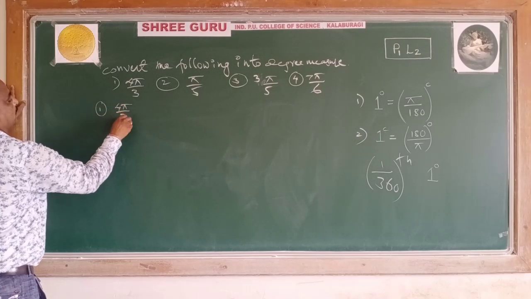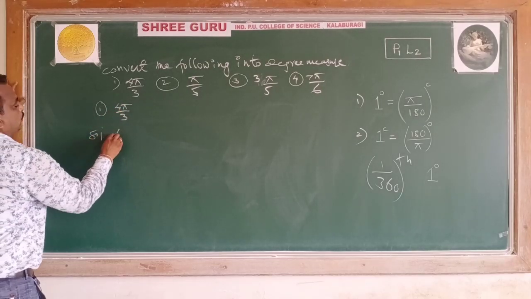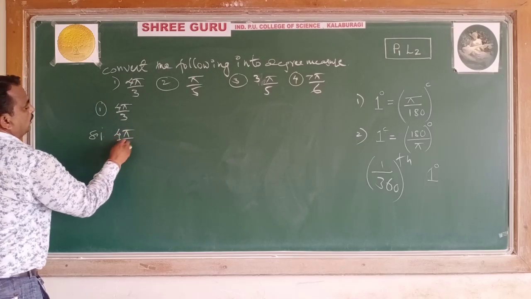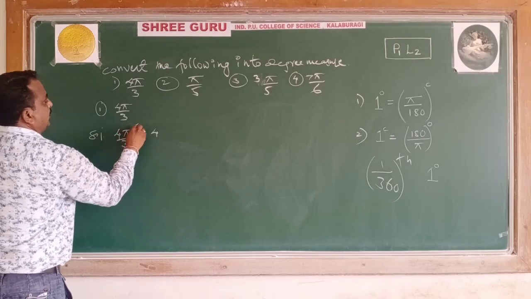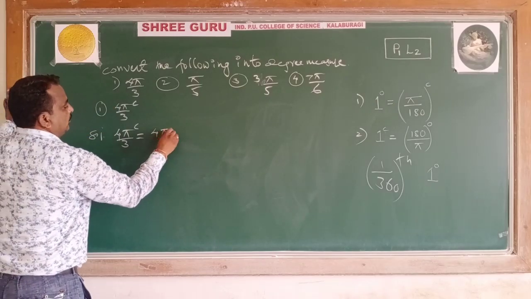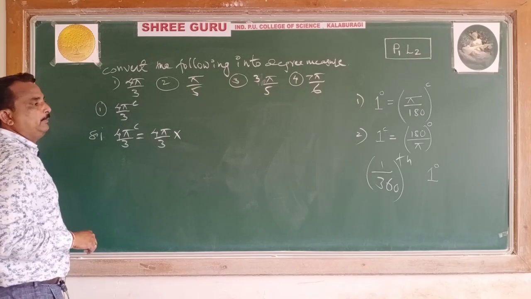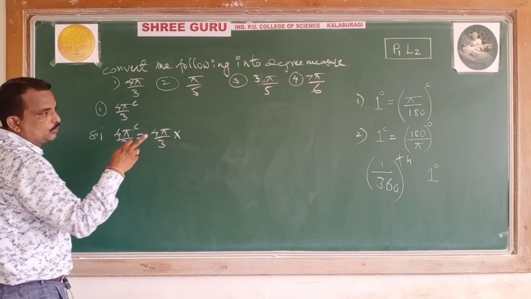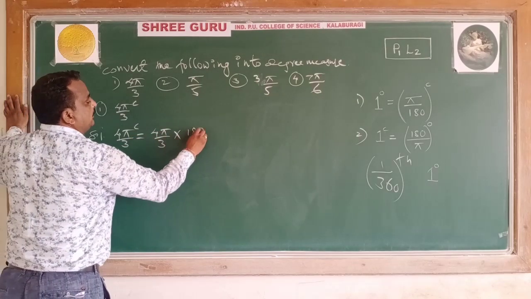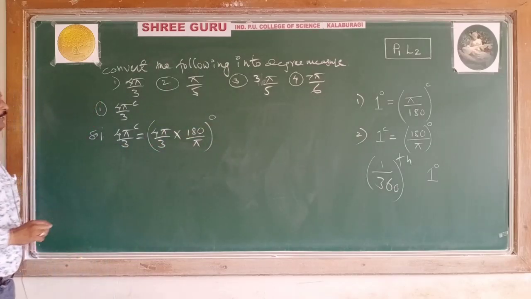4 pi by 3. This is your question here. Solution. To convert radian to degree, multiply the given angle by 180 by pi, and you will get the answer in terms of degree.